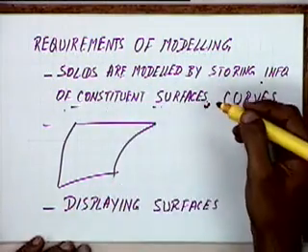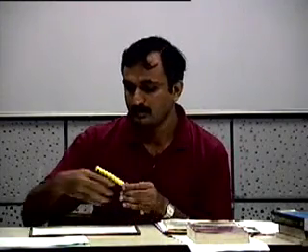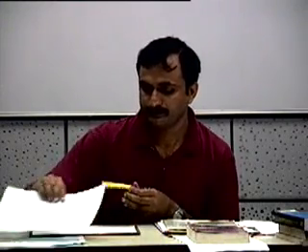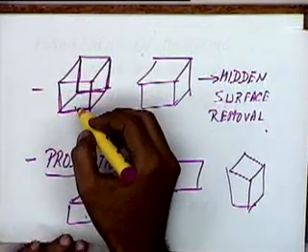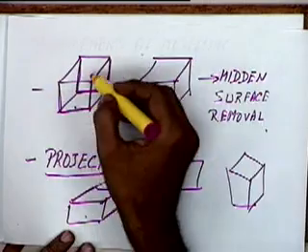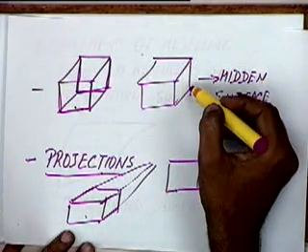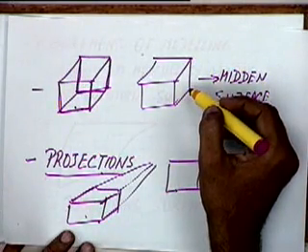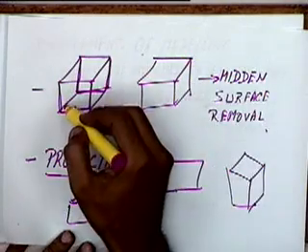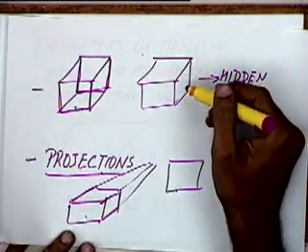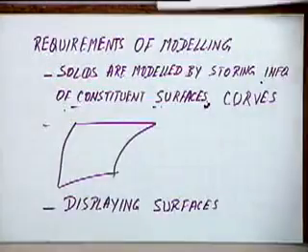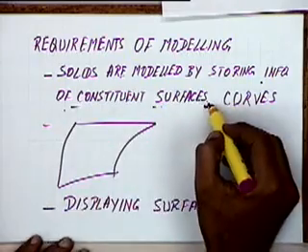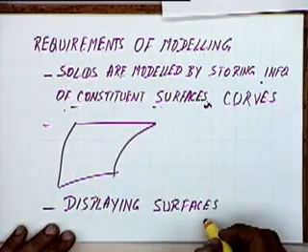The only way I can display the solid is by displaying all the boundary surfaces. In this simple example, when I am trying to display this solid, what I am basically doing is displaying each of these surfaces one after another. So I cannot display a solid unless I am able to display the surfaces. So storing information of constituent surfaces is going to help us in displaying the surfaces.